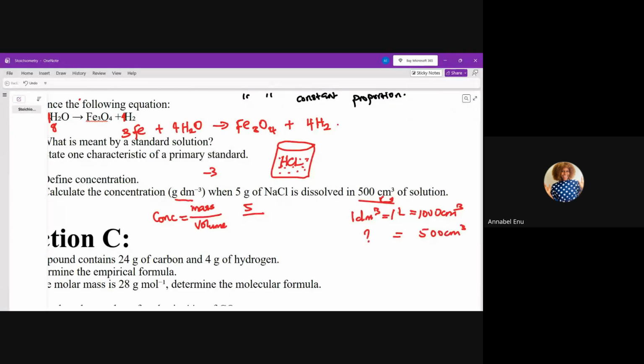What we can do here is to cross multiply. So when we cross multiply, we have 500 centimeters cube equal to 1000 times the unknown, a question mark.